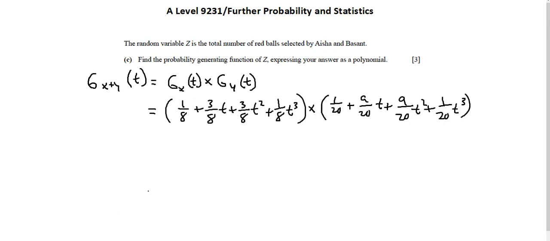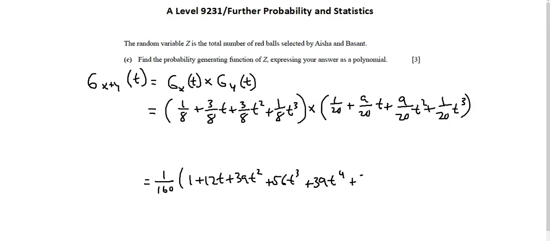And there's a bit of expansion and simplification involved. When that's done, I end up with 1 over 160 times 1 plus 12t plus 39t squared plus 56t cubed plus 39t to the power of 4 plus 12t to the power of 5 plus t to the power of 6.